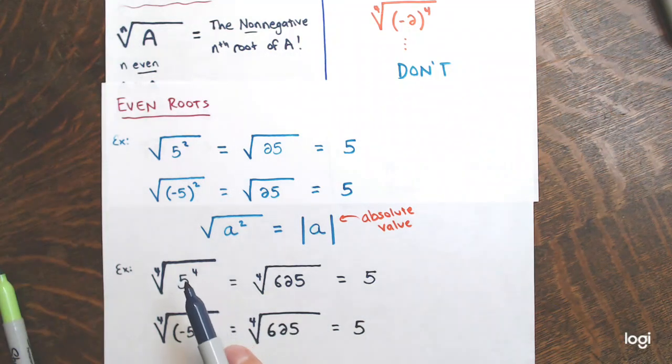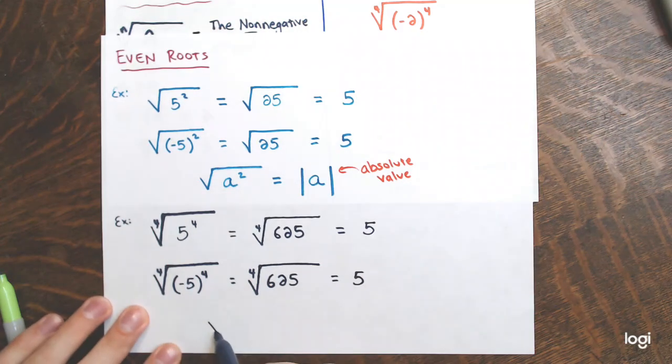So you're seeing when the index is the same as the power, and they're even, when the base is positive, they just undo each other basically. When the base is negative, you do the opposite, to make sure that it's non-negative. Your final result had better be non-negative whenever you see this radical symbol with an even index.